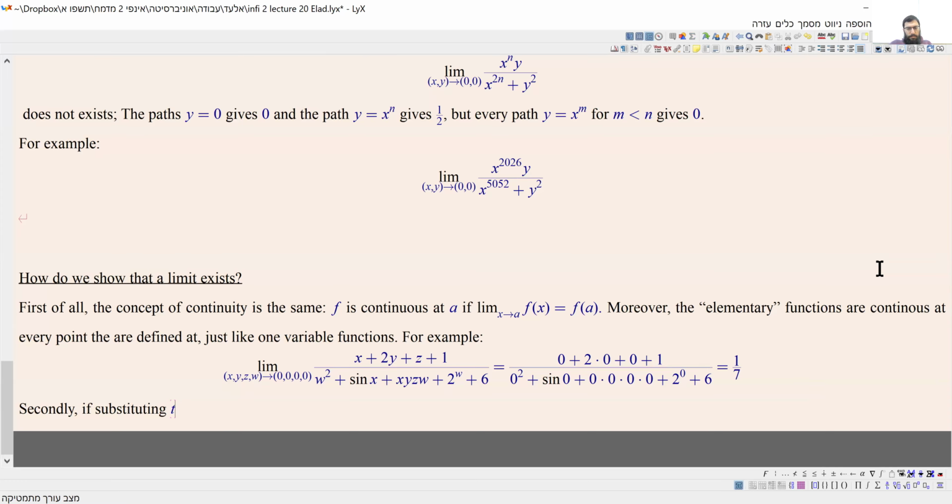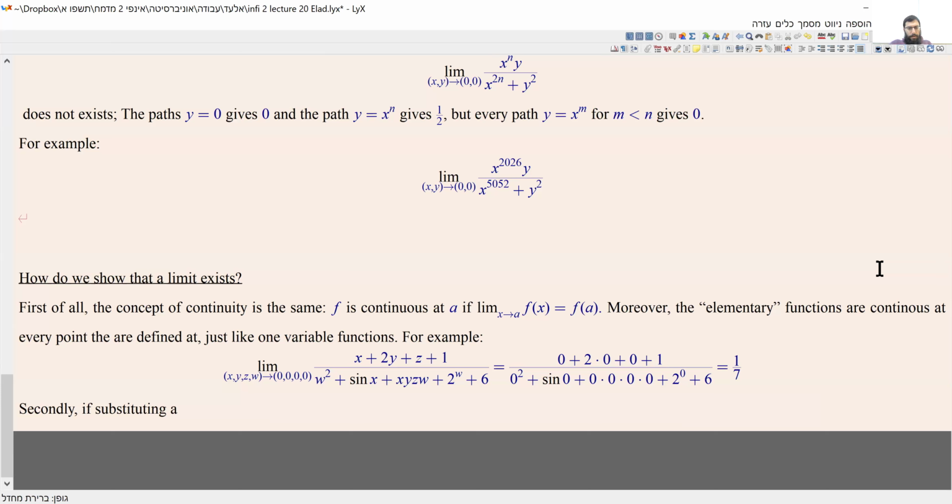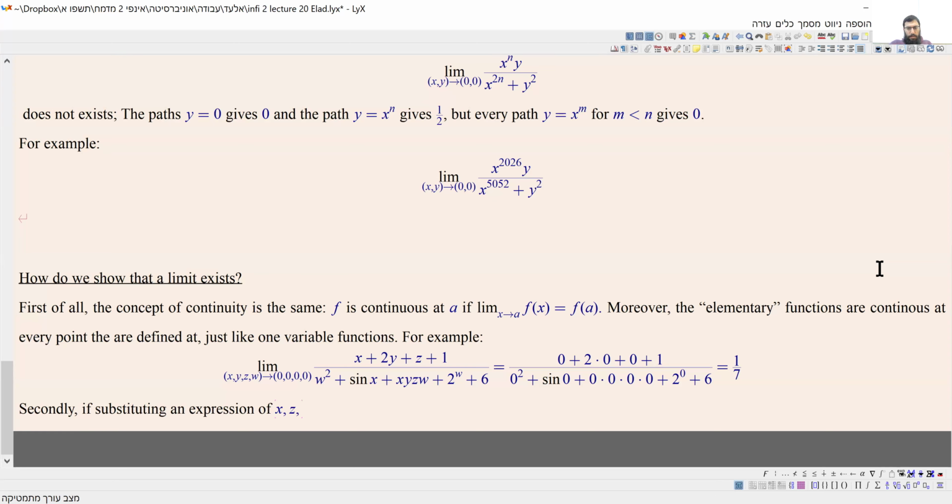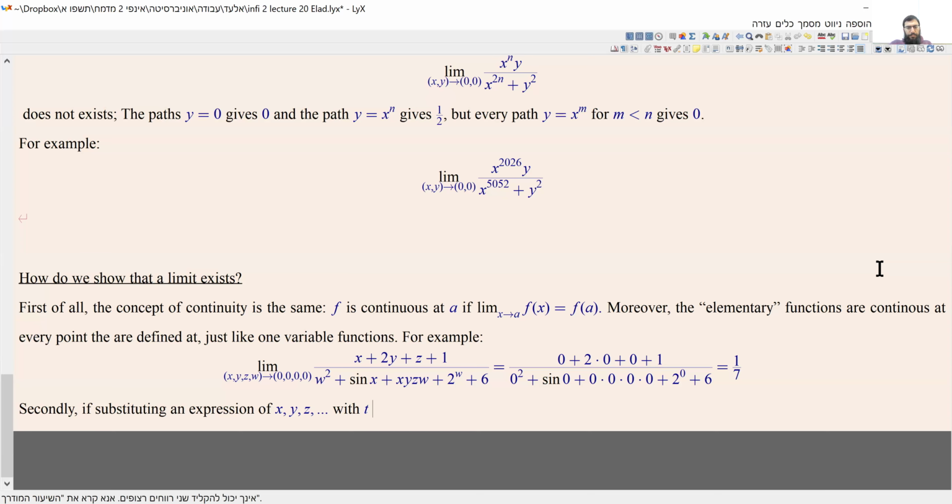Substituting some expression of x, y, z, and so on with t gives us a one variable limit. We can calculate this limit with every method we want from the first course, using every method we want.